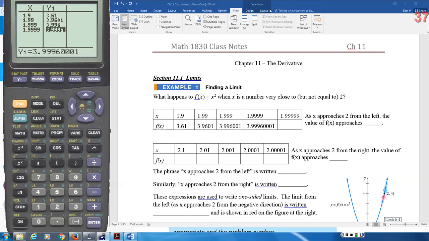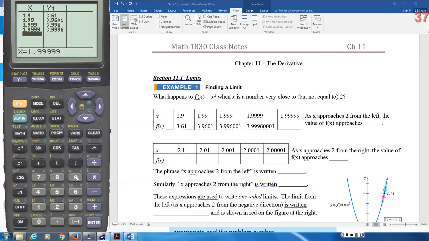Now, there is one more value out here. So go down in your column and go out to that one last value, and I want you to notice something that happens. I'm going to type in the number 1.9999, and I'm going to add one more 9, 5 nines. Now remember, the calculator cannot show me more than 5 digits in a decimal.